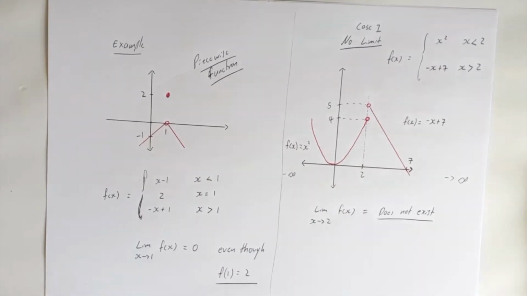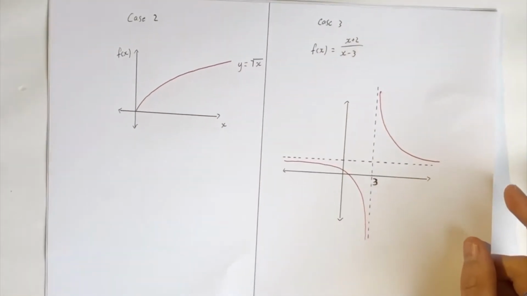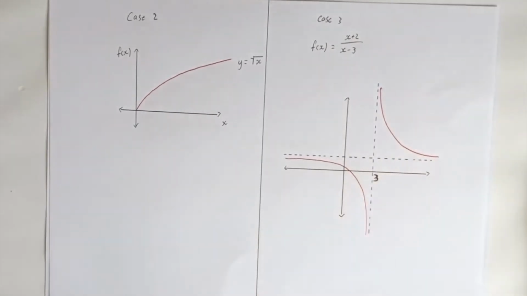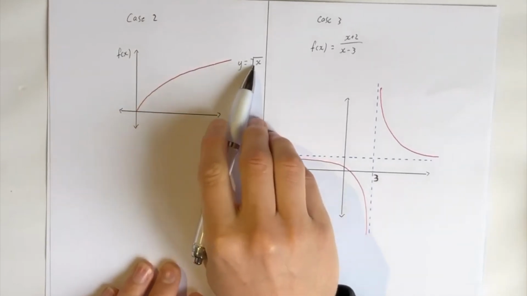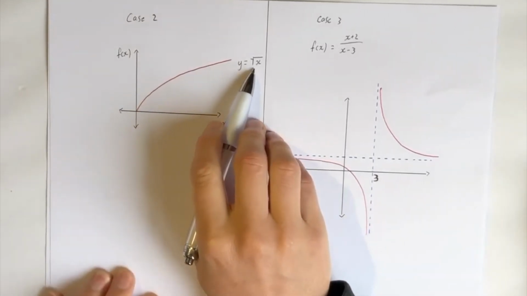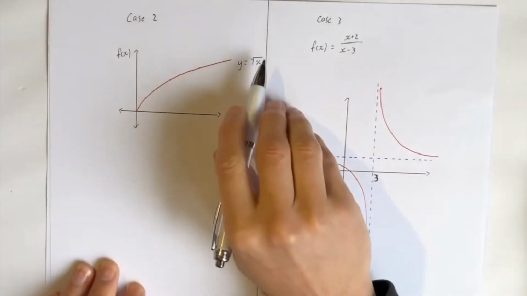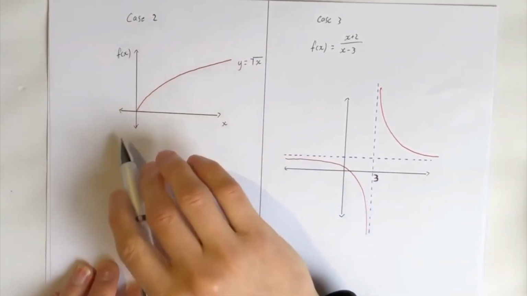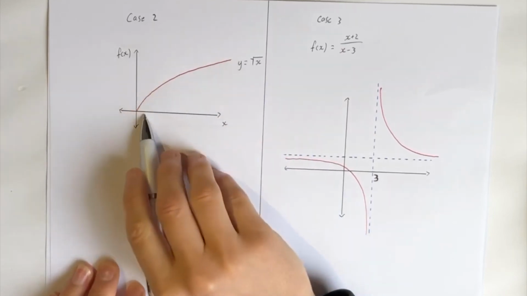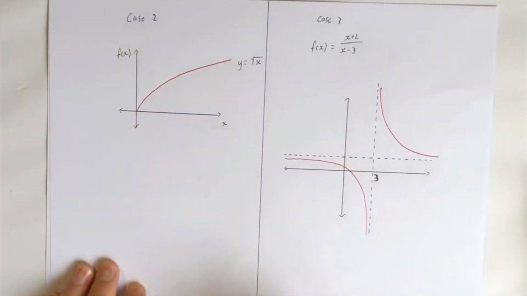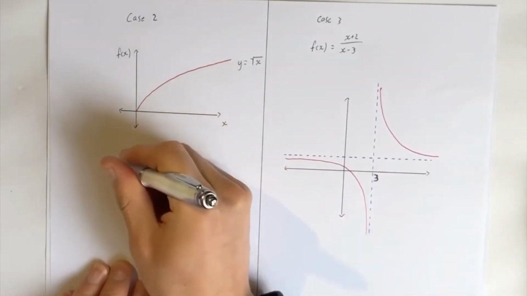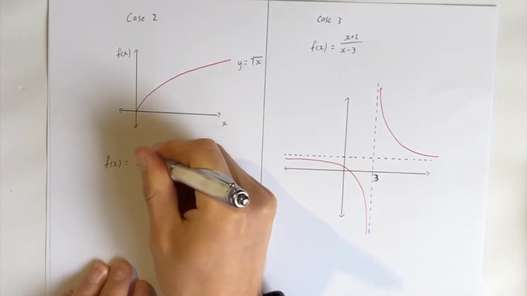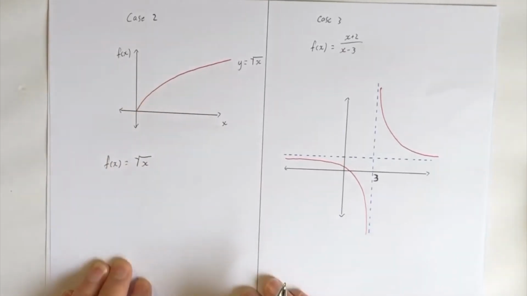Okay, what about case number 2? We've got a function, y equals f of x equals the square root of x.